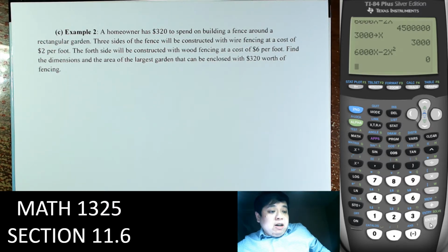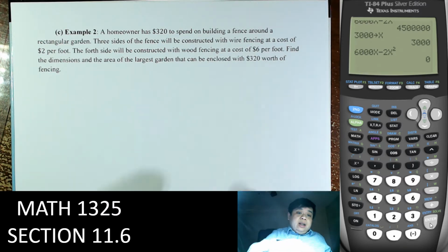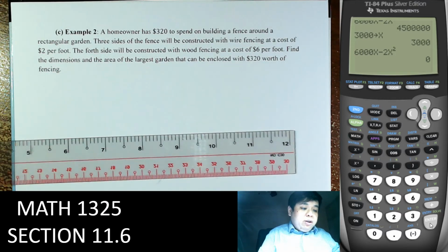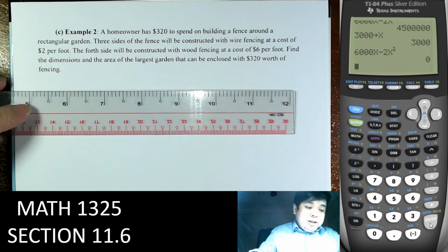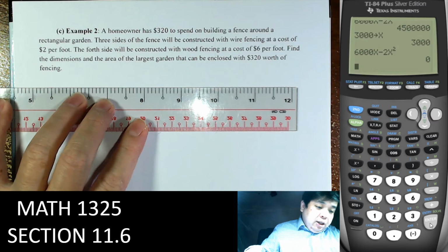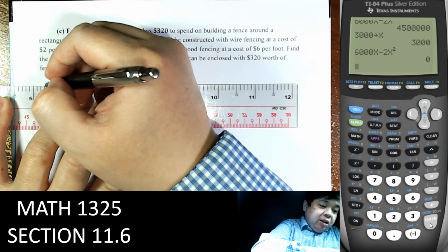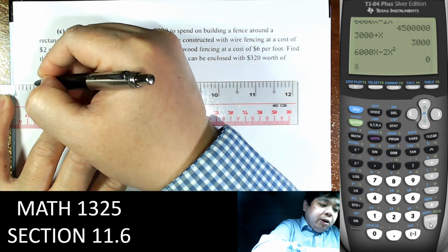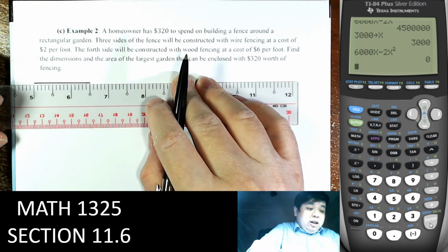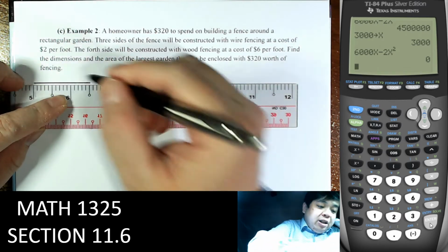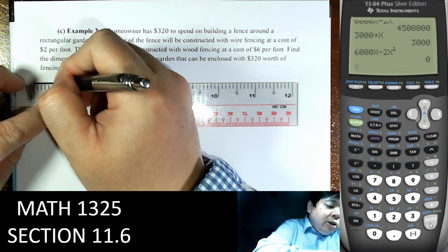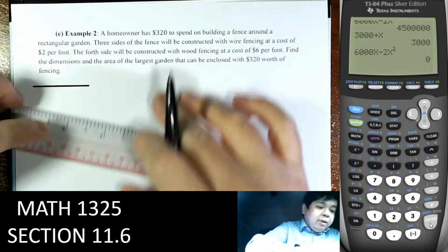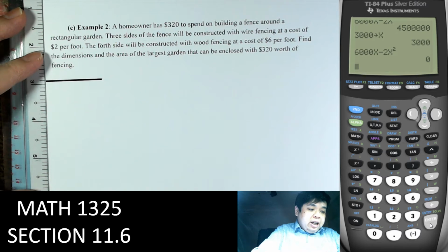Find the dimensions of the largest garden for $320 worth. So it's still a rectangle, right? You have one side that requires the wooden fence, and the other three sides are just wire.